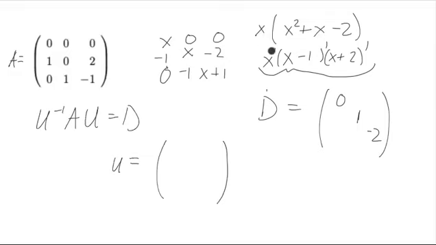What that means is the eigenvectors from right here are precisely the basis, or you can choose just a vector that spans the kernel of this, x.